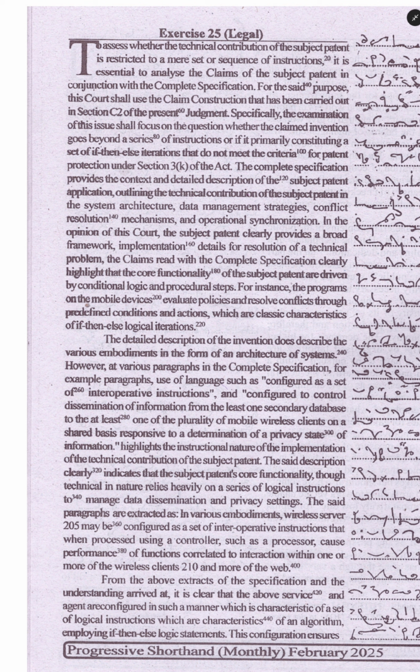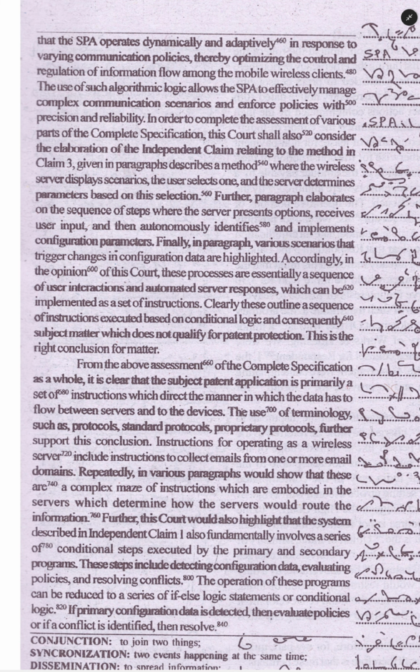From the above extract of the specification and the understanding arrived at, it is clear that the above service and agent are configured in such a manner which is characteristic of a set of logical instructions, which are characteristic of an algorithm employing if-then-else logic statement.